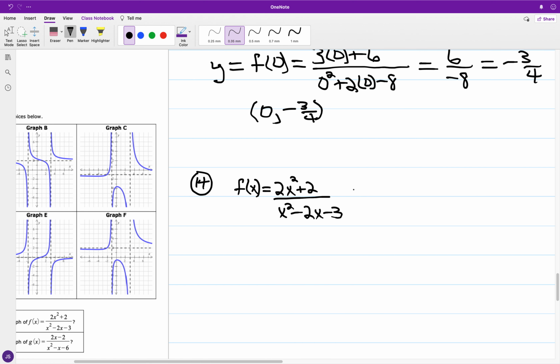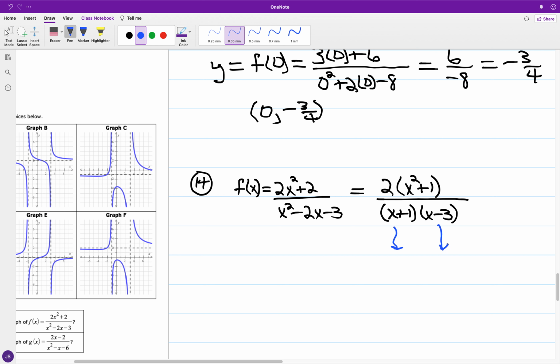Now in the numerator, we have 2 as the common factor. So we have 2 times the quantity x squared plus 1. In the denominator, we're going to have x plus 1 and x minus 3. Once again, we have no shared factors between the numerator and denominator.